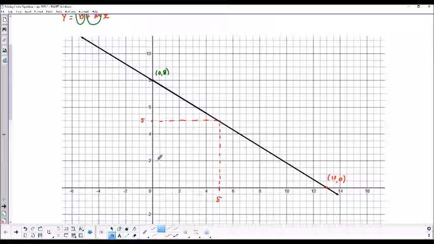I'm going to start at y equals 2 and go across all the way until it hits the line, and then I go down. Is this the actual value? I don't know, because I'm estimating. What I'm estimating here is 9.5.